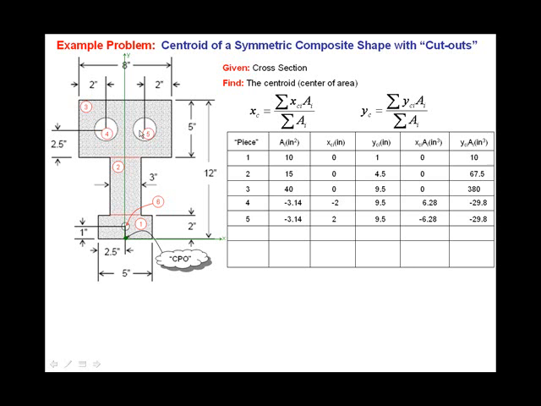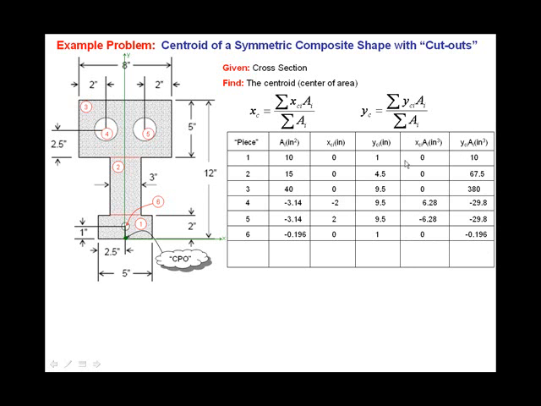Symmetric to shape 4, it is a positive 2 inches to the right and 9.5 inches up from the CPO. Shape 6, a smaller area, just less than 1/4 of a square inch. It also lies on the line of symmetry, so its x distance is 0, and it is 1 inch up from the common point of origin.